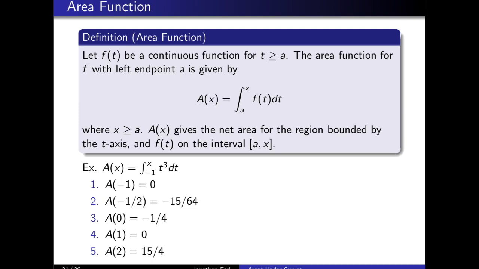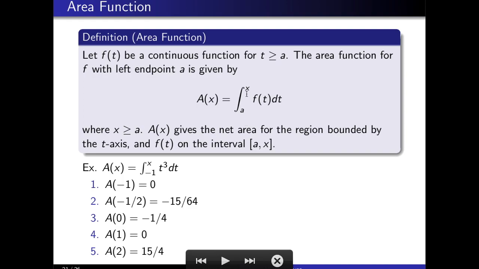And what's going on here is we have what's called an area function. So we'll take some continuous function f that's continuous for t bigger than or equal to some a value, and we'll say the area for f with the left endpoint at a is given by the definite integral from a to x of f of t dt.